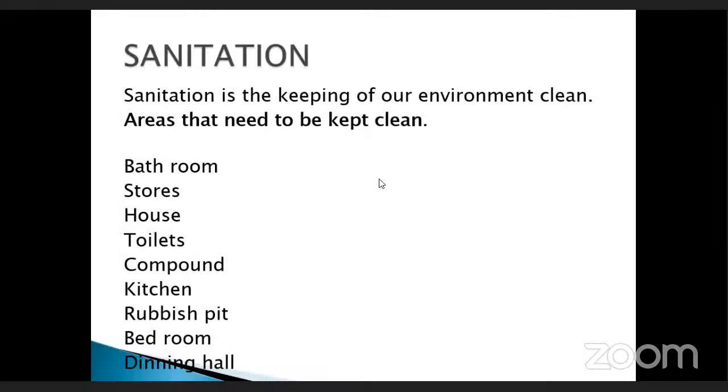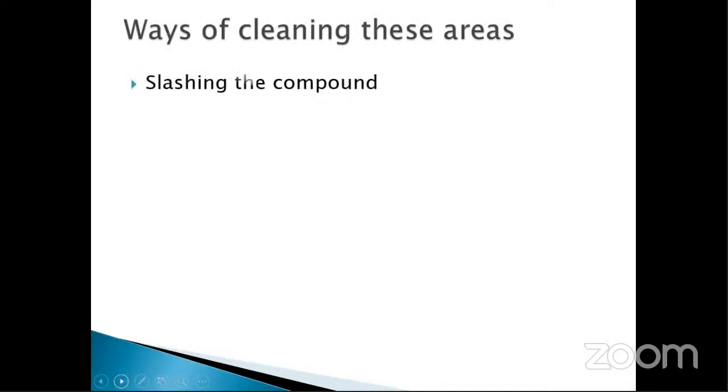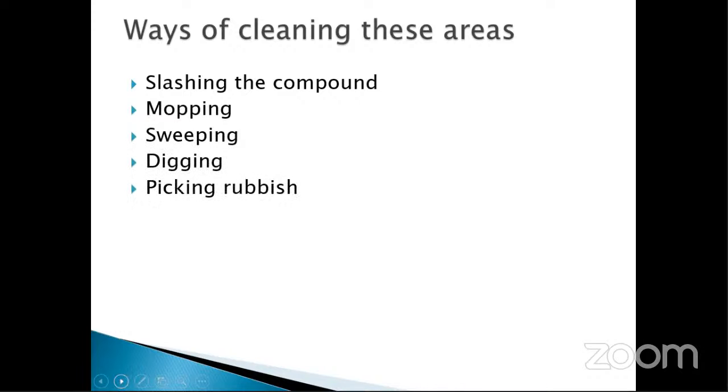Just as I said, we started with sanitation, which is the keeping of our environment clean. And then we also looked at the areas that need to be kept clean. And then we went forward to look at the different ways of keeping these areas clean. So that is it for today.